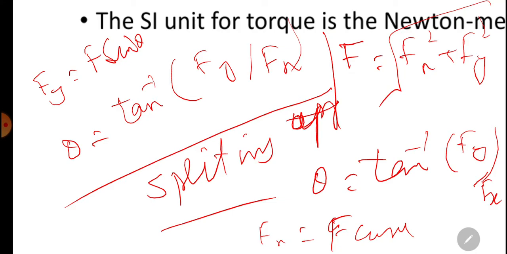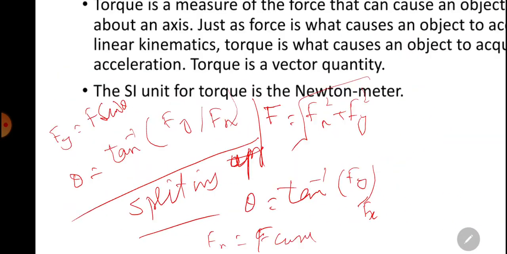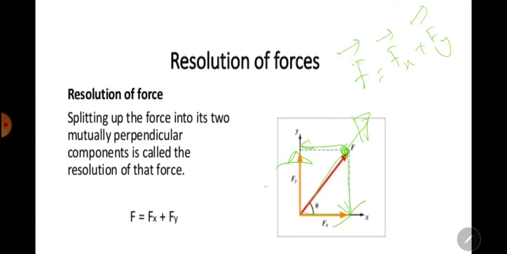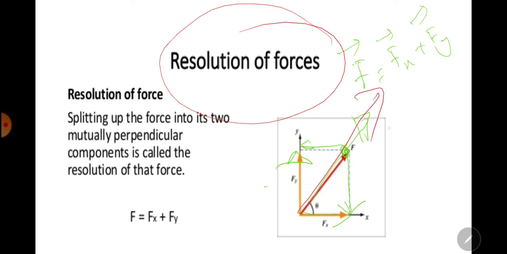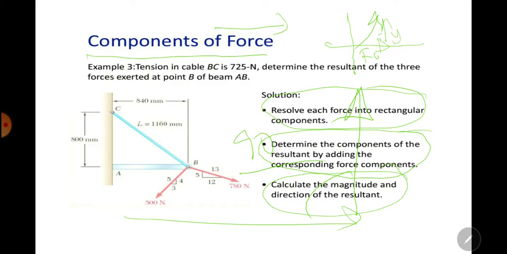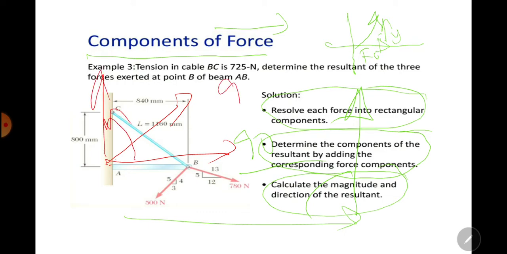So in here we first defined the resolution of forces, the splitting up of a single vector into its components. Here a vector is given, here we obtain the horizontal component, and here we obtain the vertical component. Then we resolve the vector into its rectangular components. For example, if this is a vector, this is the horizontal component and this is the vertical component, the angle between these two is 90 degrees.